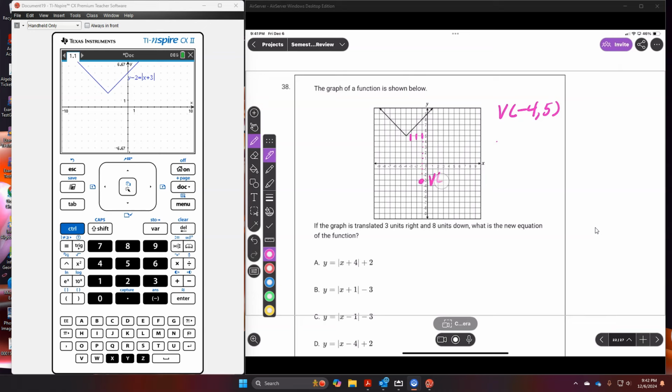So the new vertex is at -1, -3. So I know that the equation is going to the right 1 unit, and it's going to go down 3 units. So obviously A is not it because it goes down 3 units. D is not it, so it's between B and C. So your answer is the one with plus 1. That goes to the left and it goes down 3.